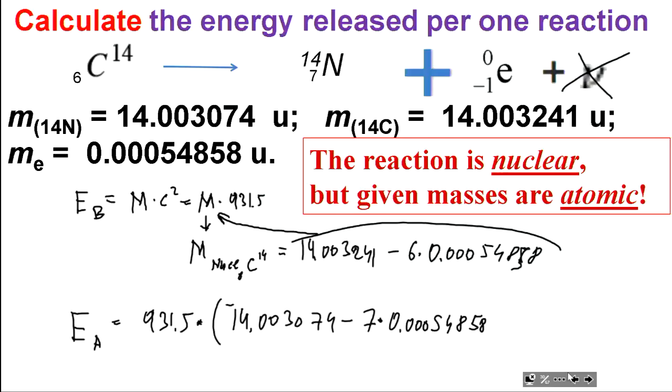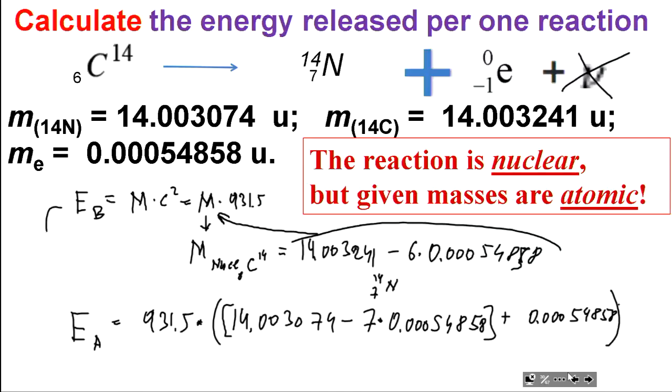But this is only the first part, responsible for the nitrogen. We also have to add the energy related to the electron, which is also present. So we have to add one more electron mass. And now we close the parentheses.